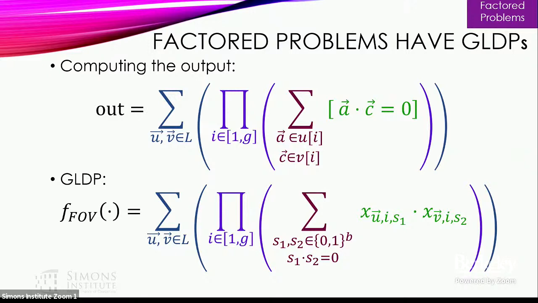And the polynomial that corresponds is exactly a sum over multiplications over sums, where each sum is effectively pre-computing what these b-bit multiplications are. We are only including a pair of variables that correspond to whether or not the ith vector contains the string S1, like the string A correspondingly, in its ith set, if we only include this multiplication of these two if it turns out they already dot product to 0.